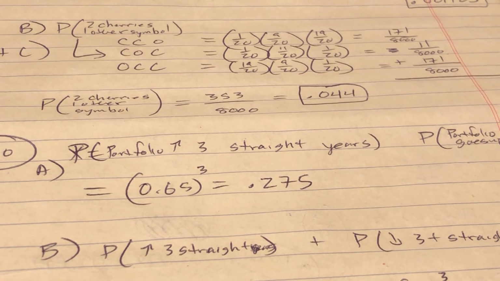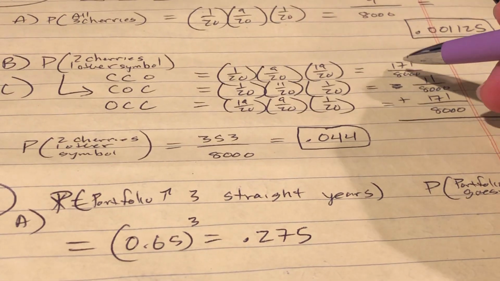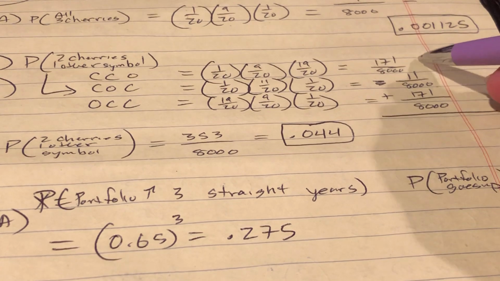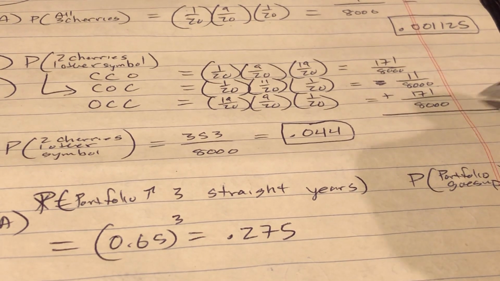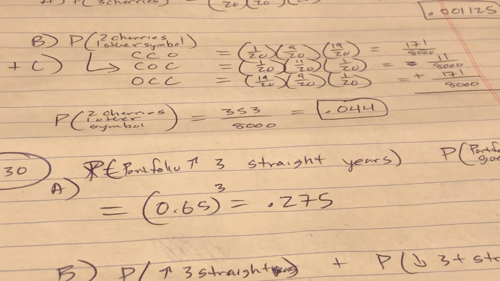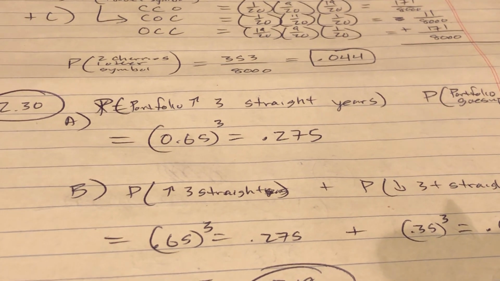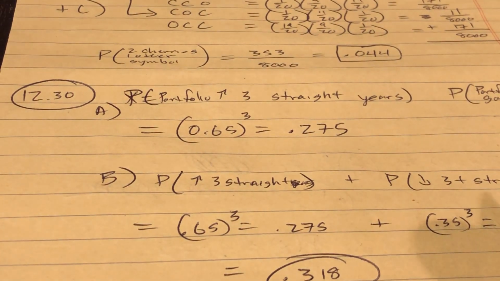So why is that different than C? B wanted each individual probability, so you'd say this equals this, this equals this, this equals this, but we just did B and C together. Okay. And lastly today, the chance of any portfolio going up in a given year is 0.65.